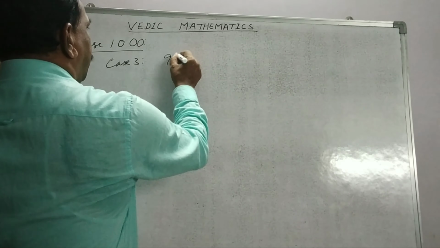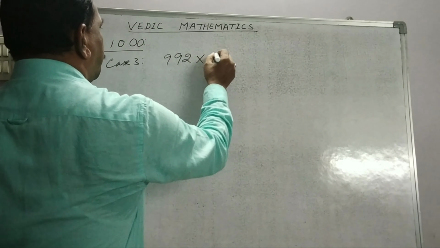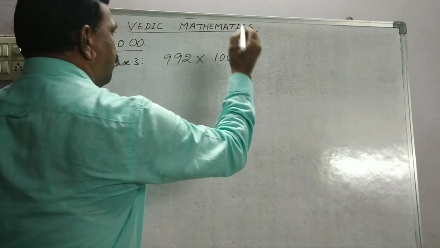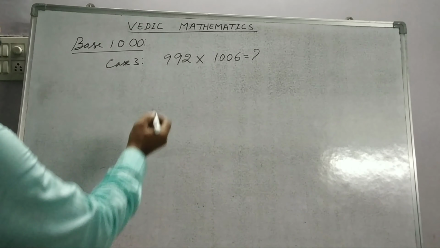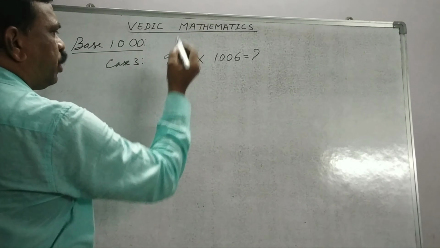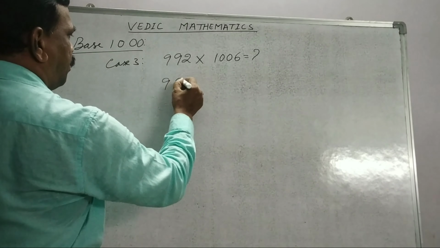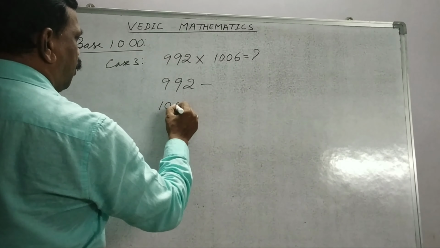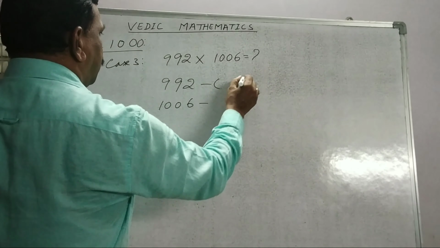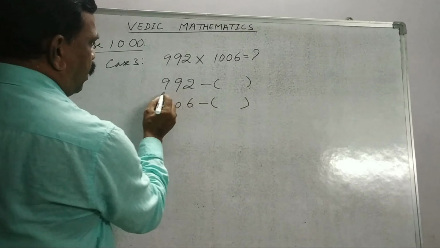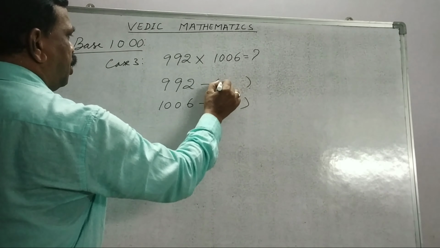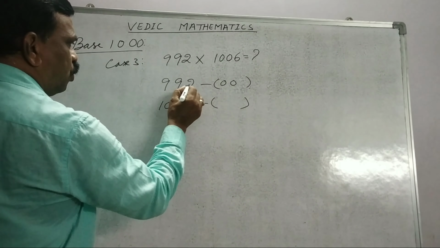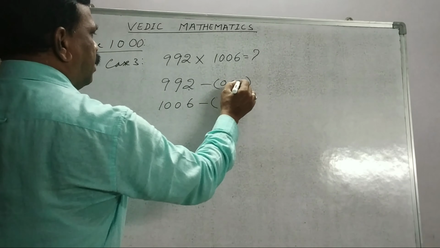So we will take 992 into 1006 for example. Now one number is less than the base, one number is more than the base. So for this number we apply the Nikhilam Sutra, and for 1006 directly you can write the excess. So here complement of 9 is 0, again complement of 9 is 0, and the last number 2, complement of 10 you will write 8.